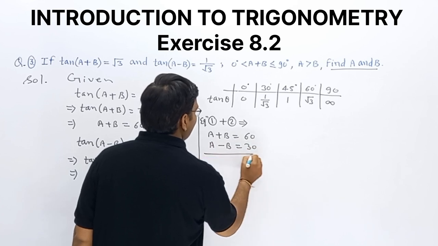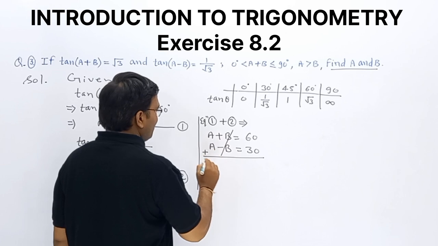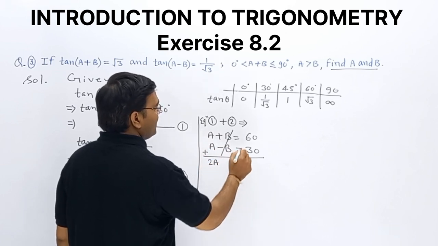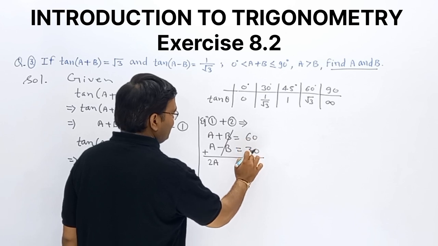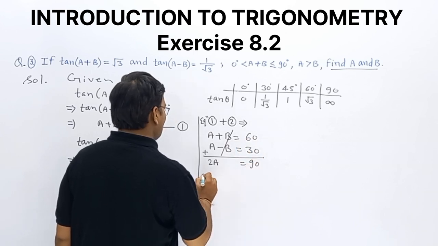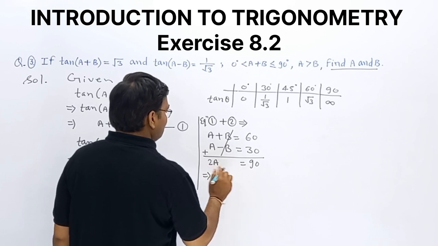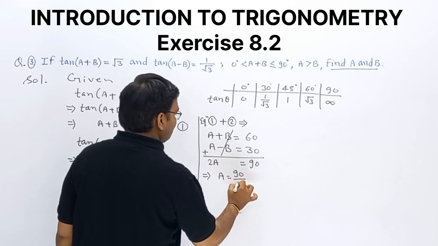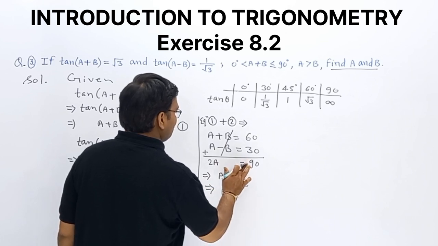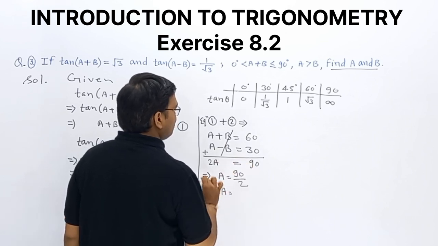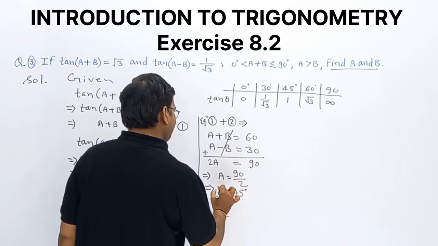We are adding both, so B will be cancelled. We are getting 2A, and on the right hand side, 60 plus 30 will be 90. So 2A equal to 90. So A equal to 90 upon 2. So finally A equal to 45 degree. This is the value of A.